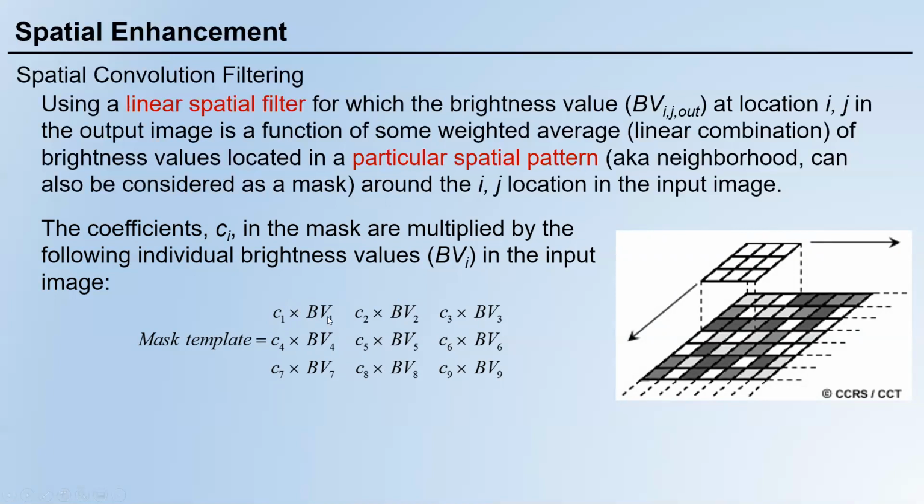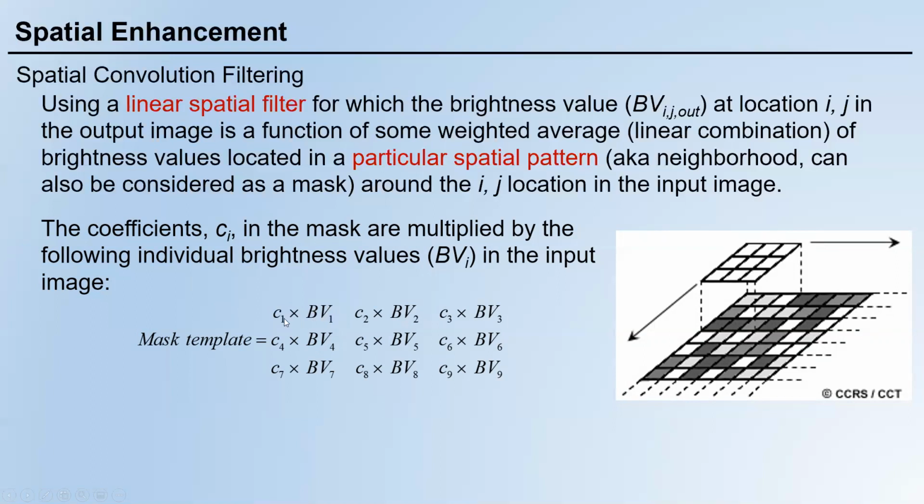You need to calculate a new value for the central pixel using all pixels within this window, and you can assign weights to different pixels. A weight can be considered a coefficient for a specific pixel's brightness value. For example, we can assign C1 as the weight of the value of pixel 1, which is BV1.